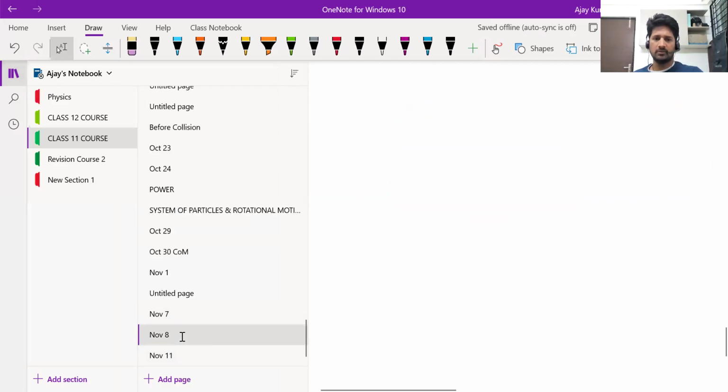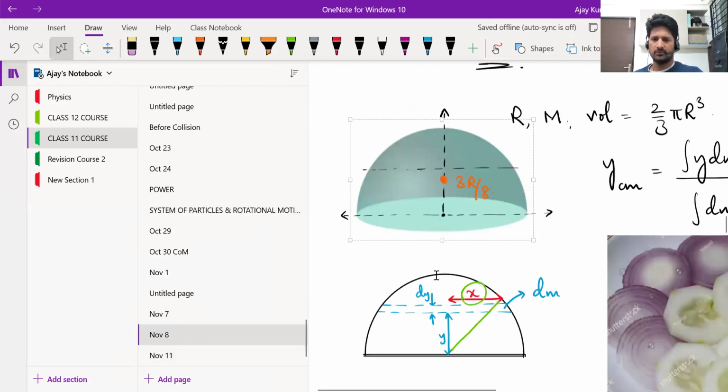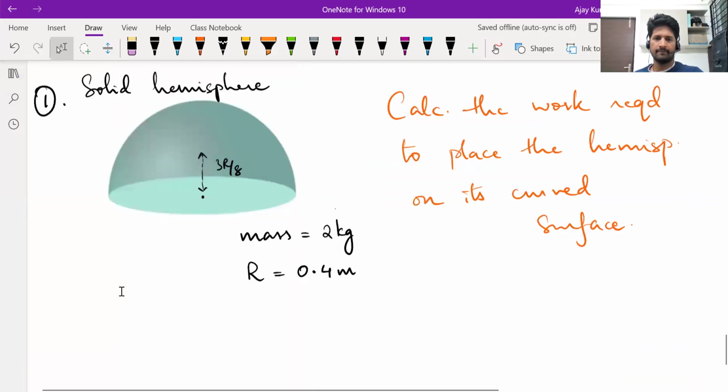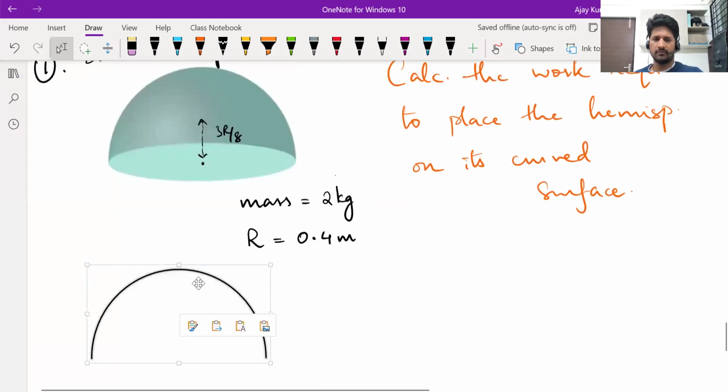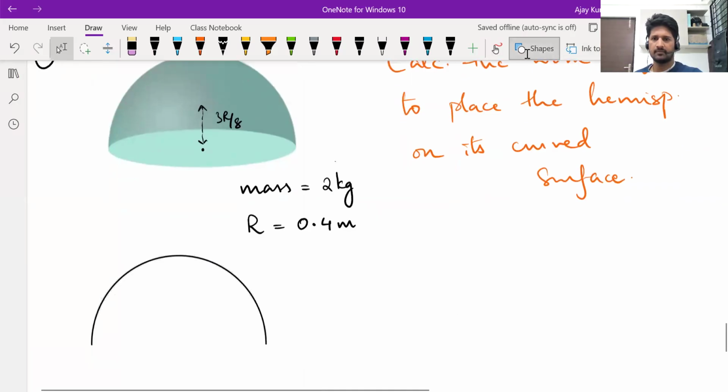Just a moment. I'll show you one more. Just to help you with the visualization, I'll show you one more diagram. Those of you who understood the question, you can proceed and solve. So when you look from the side, the solid hemisphere looks like this.